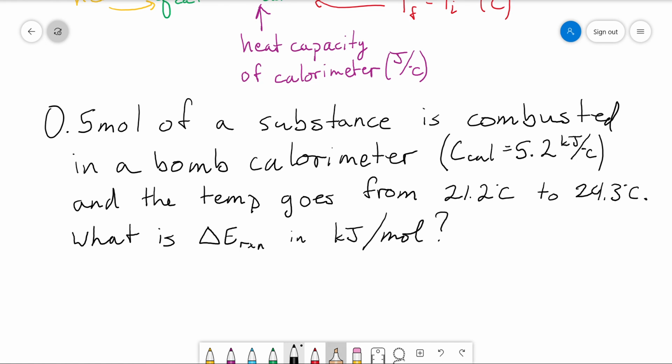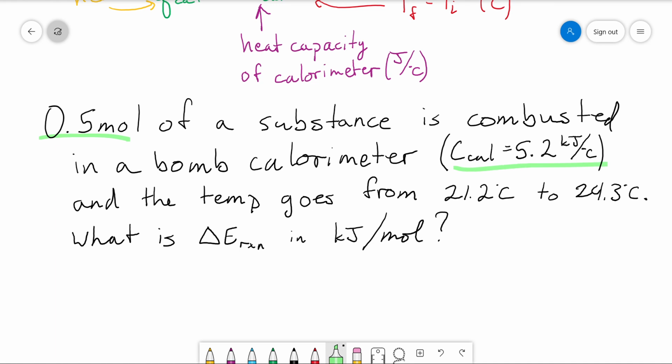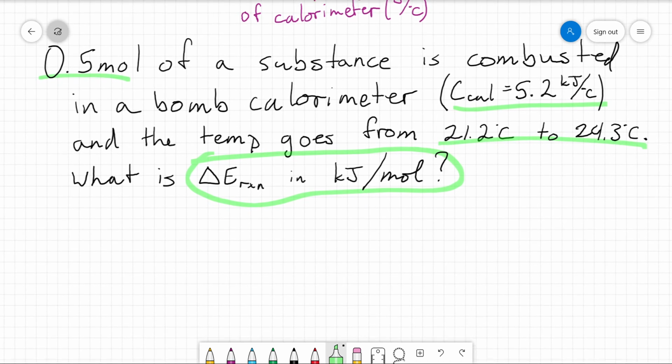Okay, pretty straightforward problem. We just have half a mole of a substance. We know the calorimetry constant, as it's sometimes called, it's just the heat capacity of the calorimeter. We have two temperatures, and here's what we need to find: delta E in units of kilojoules per mole.